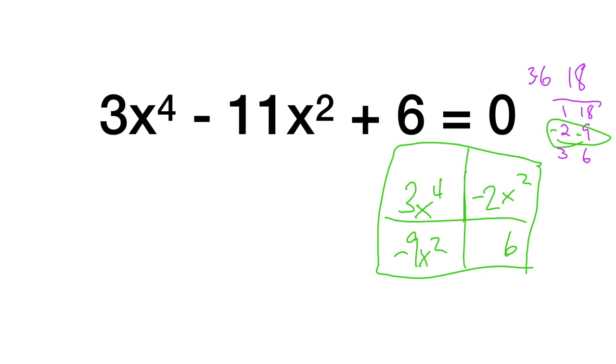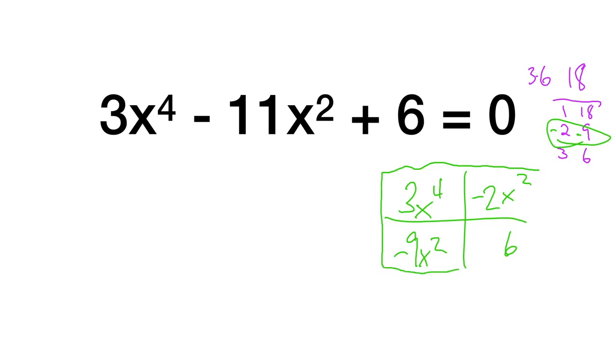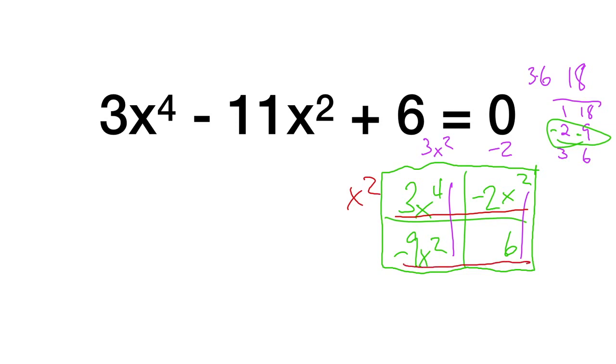Now let's redo that box, make it look a little bit nicer. Now, greatest common factor between 3x to the 4th and 9x squared. That's going to be 3x squared. Negative 2x squared and 6 is negative 2. 3x to the 4th and negative 2x squared is just going to be x squared. Negative 9 and 6, I'm going to say, is negative 3.